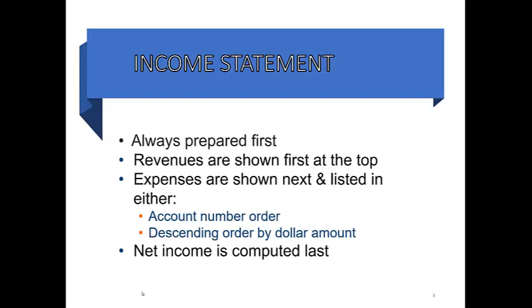And keep in mind that you can list the expenses in the order that they're shown in the general ledger or from high to low. In other words, you would list the highest expense first and then the lowest expense last. Next, the net income is calculated by subtracting the total expenses from the revenues.